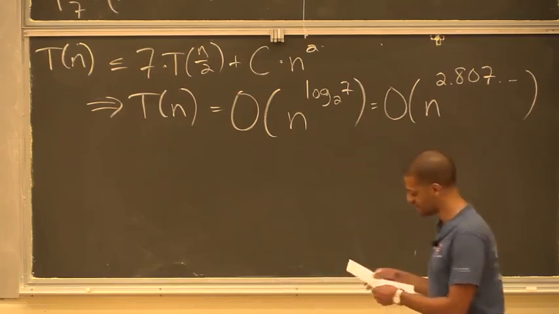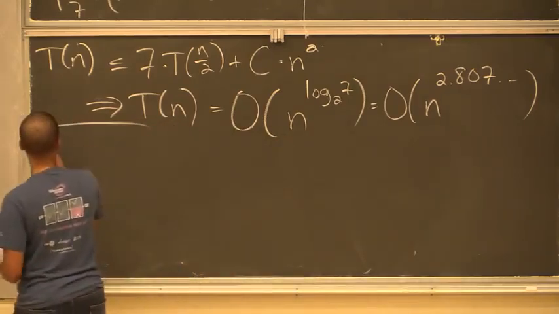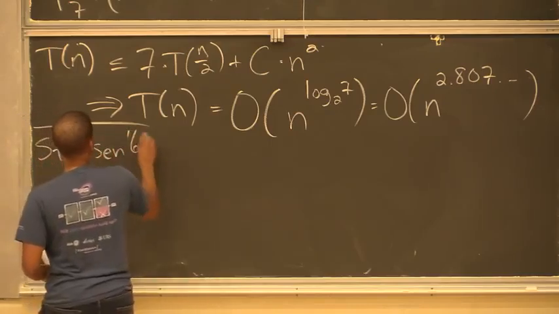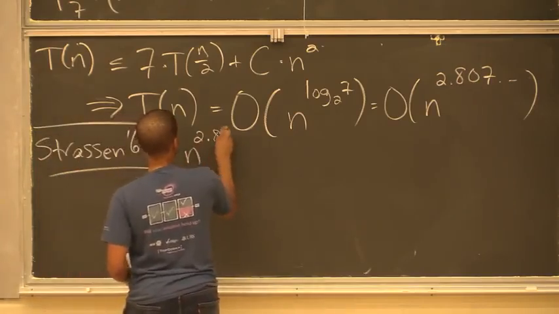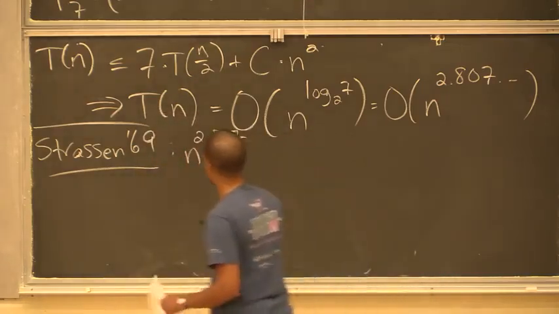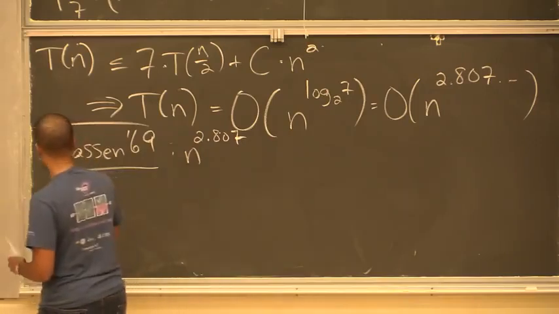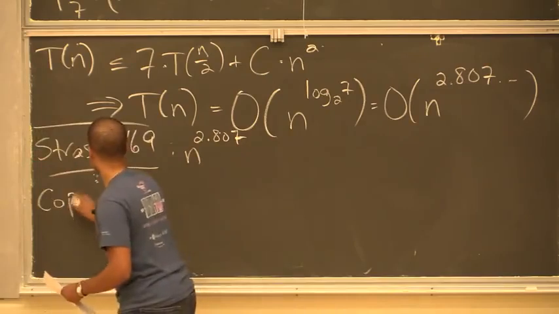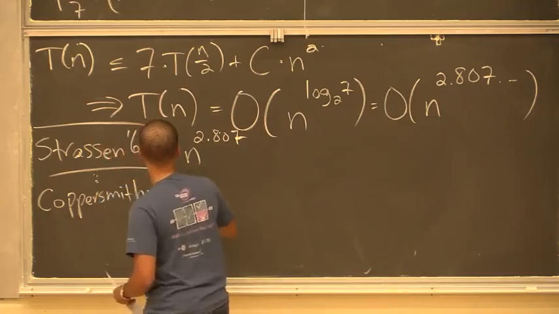And there were a sequence of works. I'm not going to write them all. But so we said Strassen in '69 got roughly n to the 2.807. It was a little worse than that. There were a bunch of papers after that, and then kind of humanity got stuck for a while until Coppersmith and Winograd.